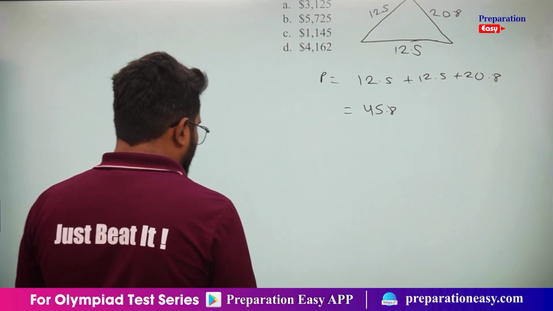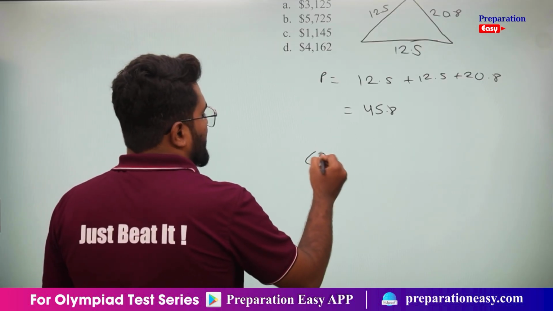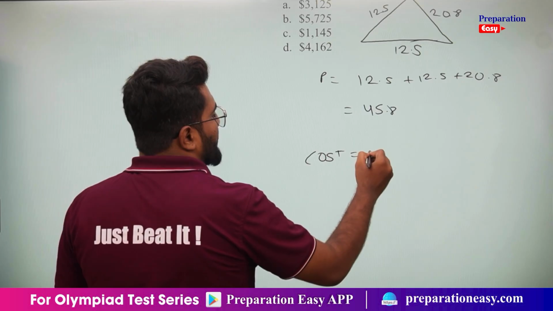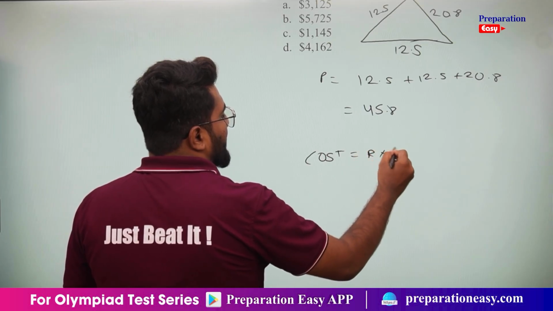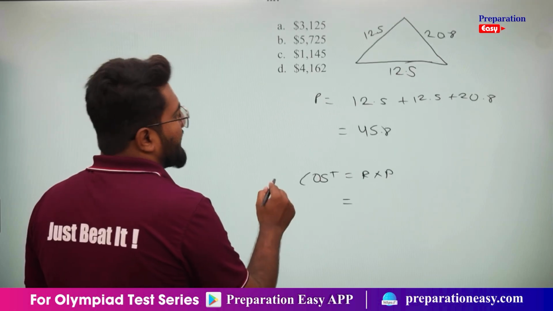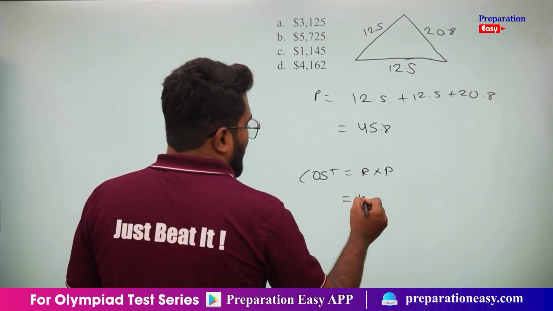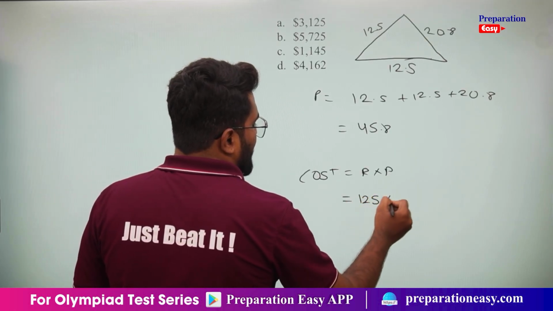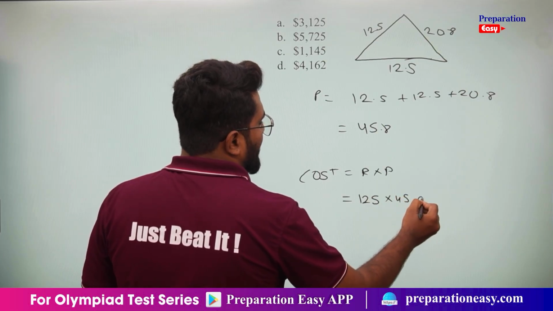We have to find the cost. Cost equals rate multiplied by perimeter. What is rate? That is 125. And what is perimeter? That is 45.8.